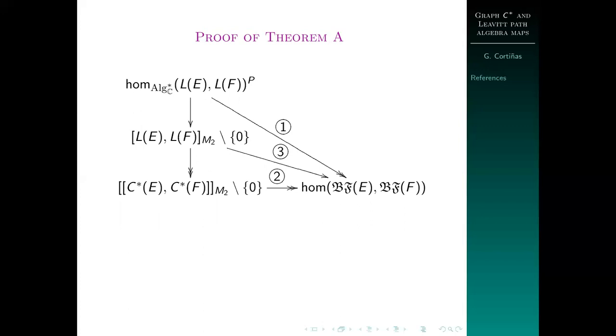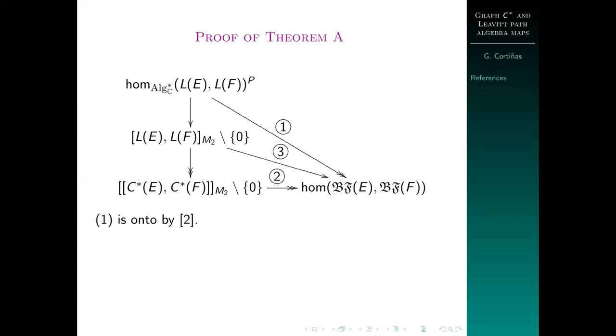I know it is onto starting from homotopy classes of maps between LE and LF, of algebra maps, but I want to know that it is onto starting from above. Okay. So the map 1, which is obtained by composing, I mean, all the diagrams commute there. The map 1 is onto, I put this in this paper on classification of Leavitt path algebras up to involution preserving homotopies.